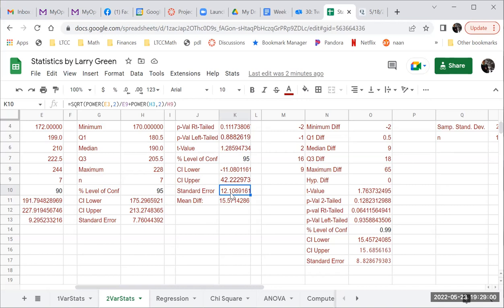Not necessarily. Let's say you did a study to find out if there's a difference between GPA at Lake Tahoe Community College and GPA at San Francisco City College. If the GPAs were the same, then you're probably going to have a very high p-value, because the high p-value is going to say, looks like they might be the same.